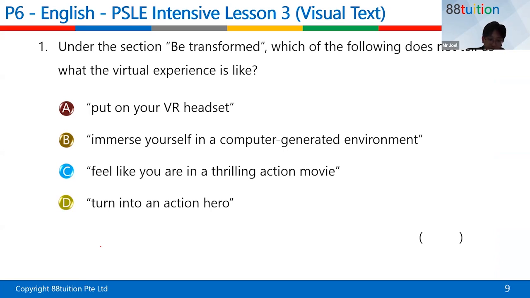So "put on your VR headset" doesn't really sound like it's the virtual experience. "Immerse yourself in a computer generated environment." Wow, that sounds like a virtual reality experience, right? "Feel like you are in a thrilling action movie." Wow. Okay, so "immerse yourself" tells you what a virtual experience is like. "Feel like you are in a thrilling action movie."